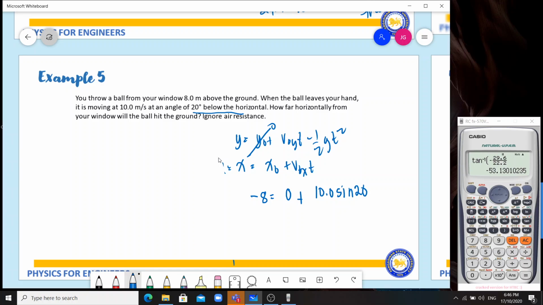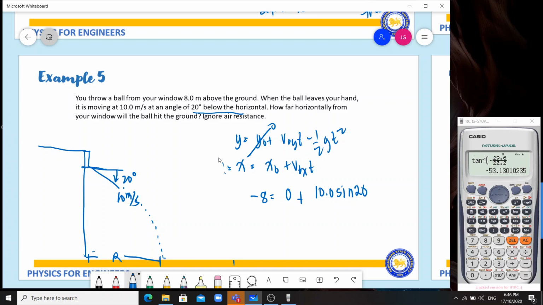Kung ito si building, andito si window. Ito yung datum natin, 0. Nagtapon ka ng bola 20 degrees pababa at 10 meters per second. So, mahuhulog siya pa ganyan. So, ang range natin ganyan. Yan yung tamang drawing.